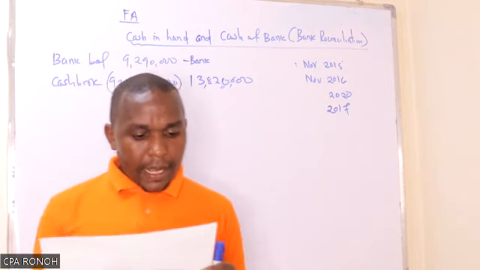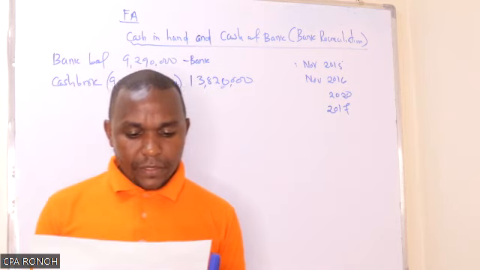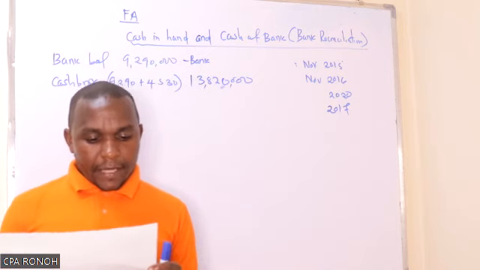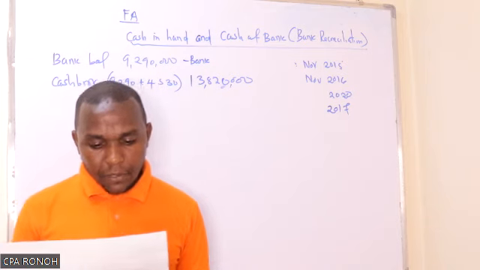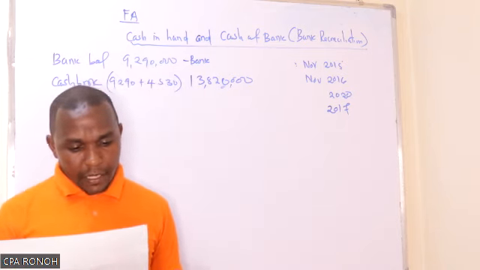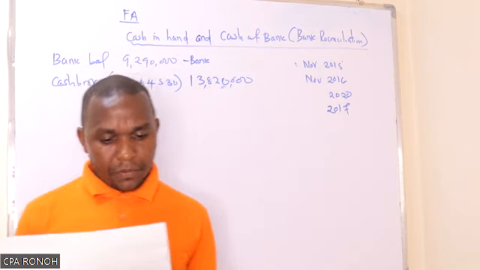Number 4: uncredited checks as at 1st October 2015 amount to that one. Number 5: outstanding orders of 1.77 million for goods purchased on hire purchase had been evicted by the bank. We don't have a problem with that.